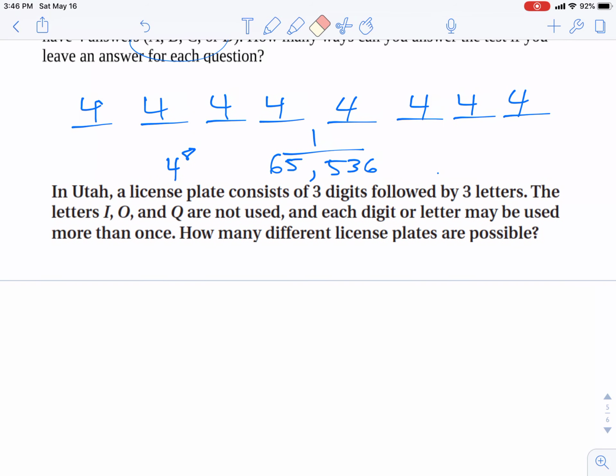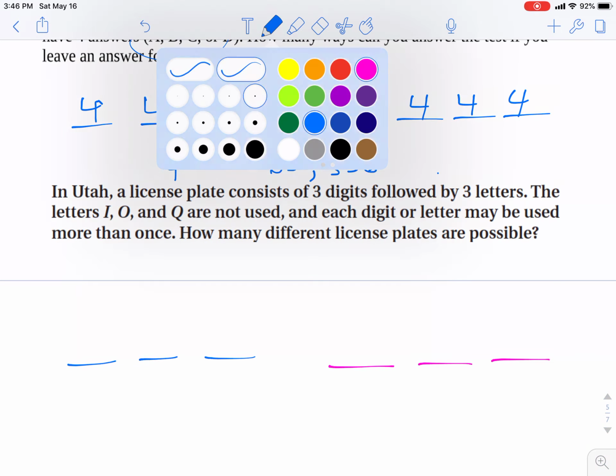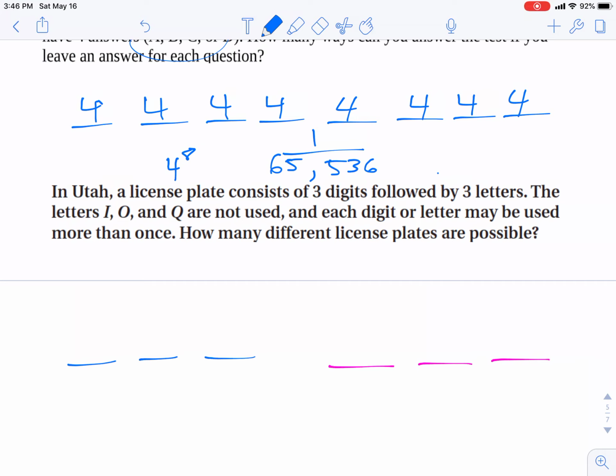All right, a Utah license plate consists of 3 digits, so we're going to put a spot for the 3 digits. I'm going to change the color here for letters. Well, we just said in the previous problem, or 2 questions ago, that there are 10 digits, right? It says the letters I, O, and Q are not used, and each digit or letter may be used more than once.